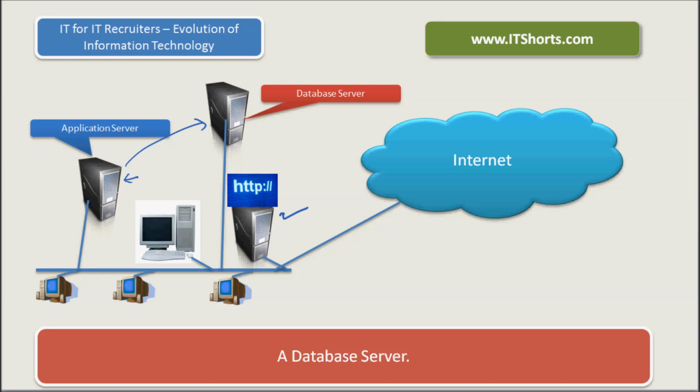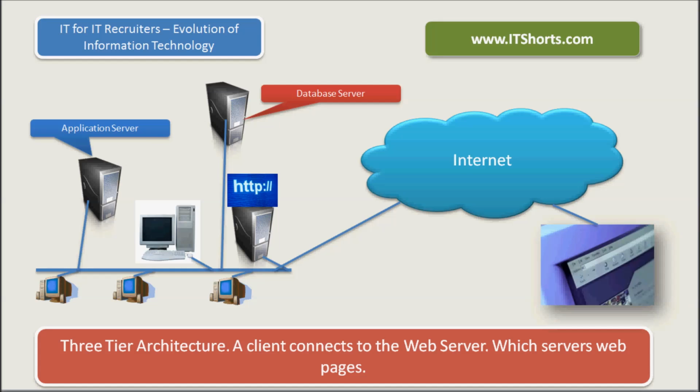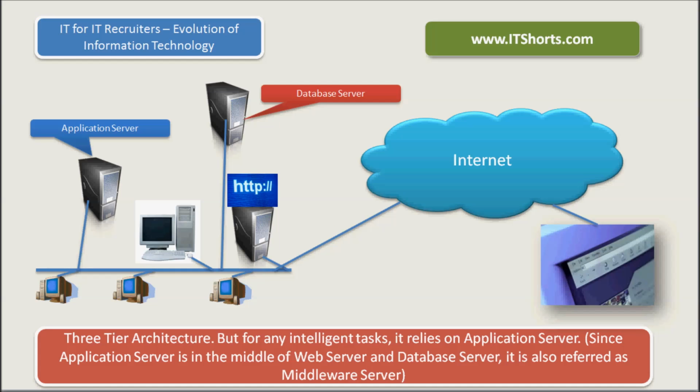So this is generally what is happening. Okay, so this is called a three-tier architecture, which is basically a client in the internet connects to a web server which serves the web pages, and for any intelligent tasks it relies on the application server to perform those intelligent tasks.